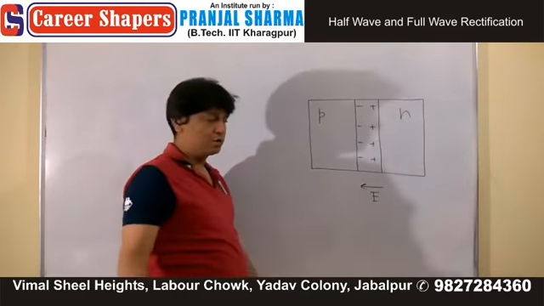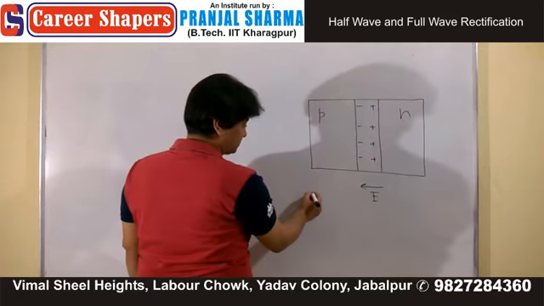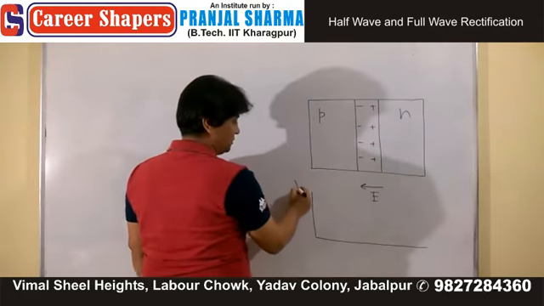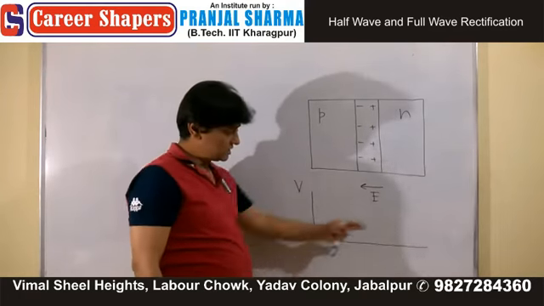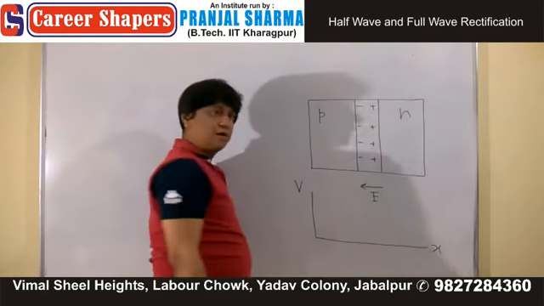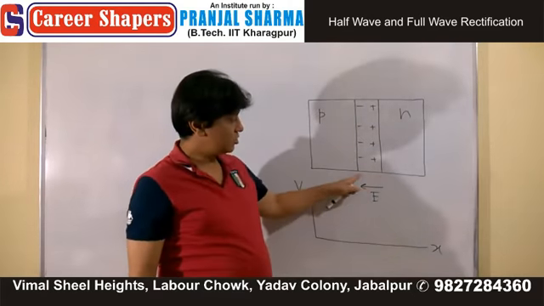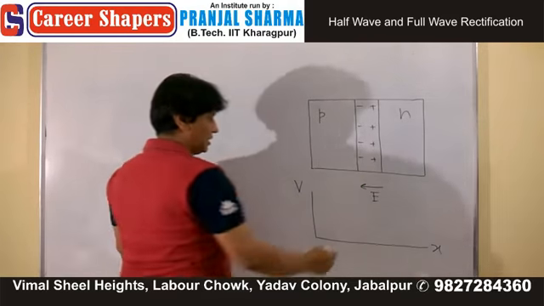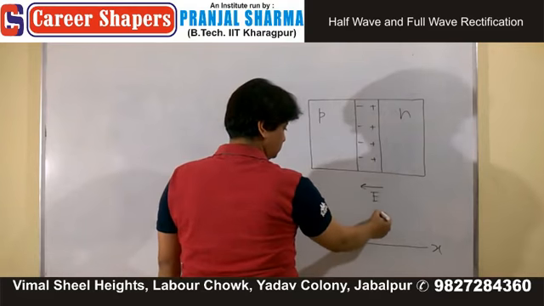Let's say you start your graph from this point. And if you are drawing your V versus X starting from this position, then in the direction of electric field potential decreases, it will look like this.